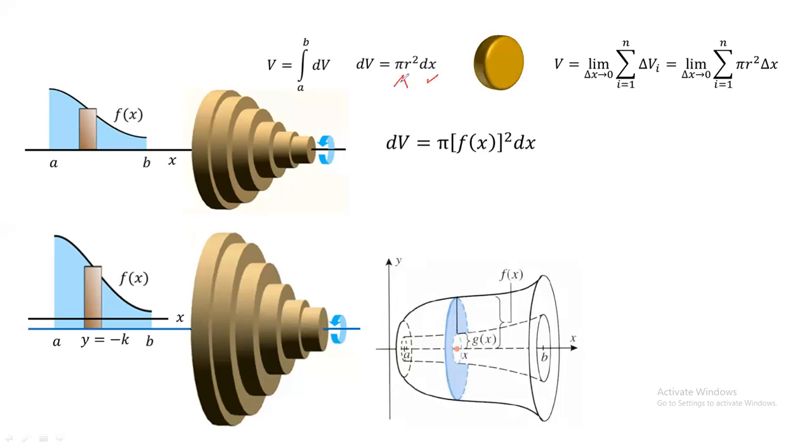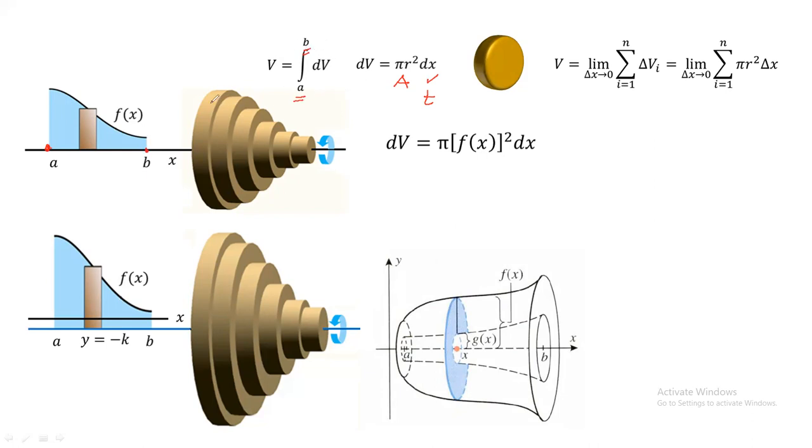This is the area, and this is the thickness of the disc. So the area times the thickness, dx, is supposed to be integrated from a, starting here, to b, with a lower limit of a and an upper limit of b.